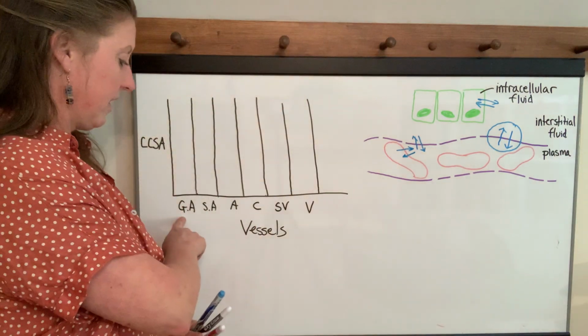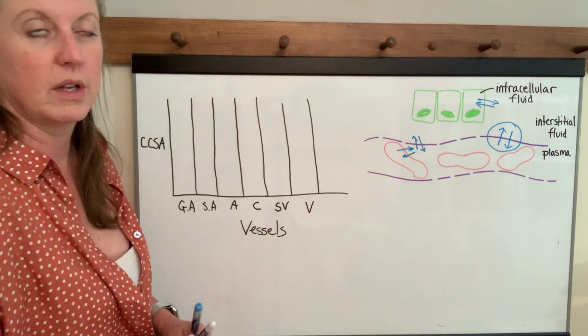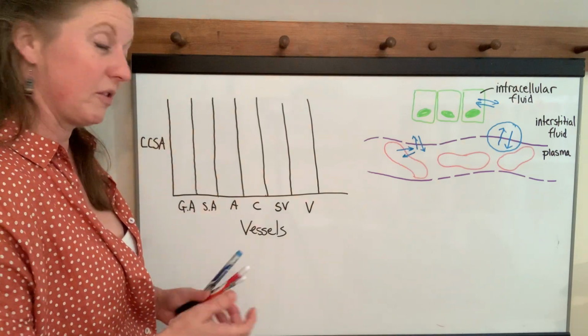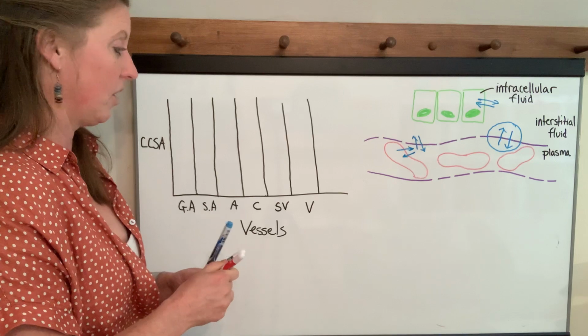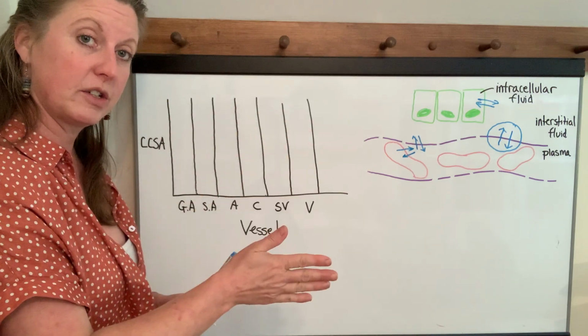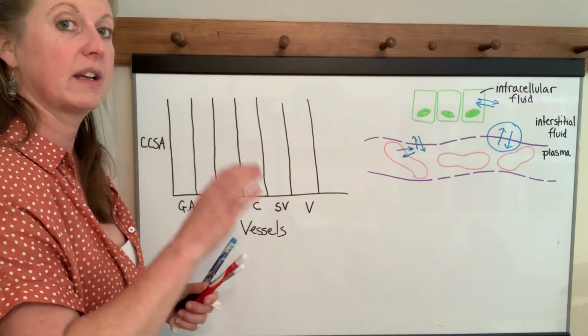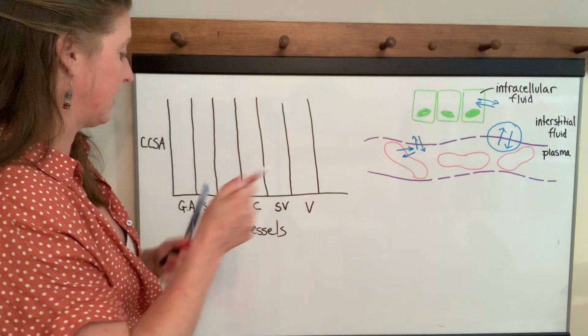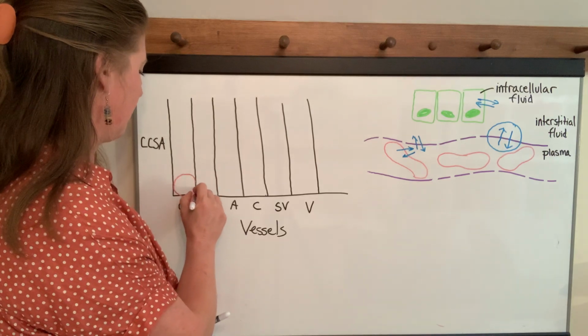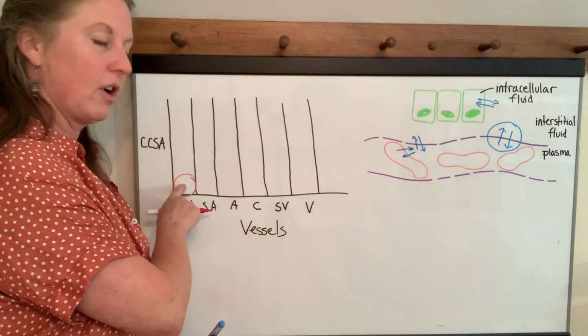All right, when we say the great arteries, let's just do the systemic side of the system. The great artery is the aorta. So if I were to cut the aorta, do a transverse section of the aorta to get the cross-section or to see the diameter of the vessel, let's say that it would occupy about that much of the cross-sectional area.